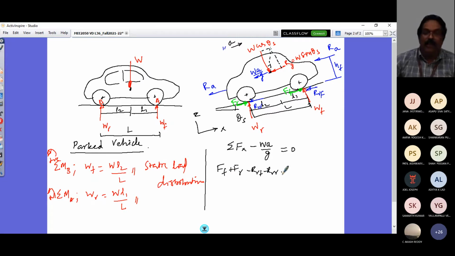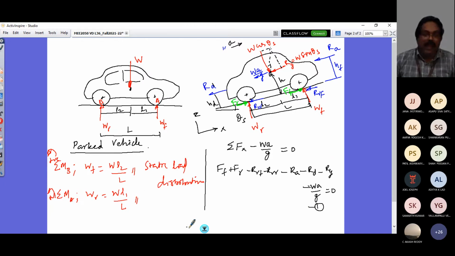And then I have an important force, the aerodynamic force RA, and I have an important force RD, the drawbar pull, at a height HD, and this height from the ground is the CG location h. So RD, and of course RG, minus the D'Alembert's force, WA by G, all equal to 0. So this is my equation number 1.